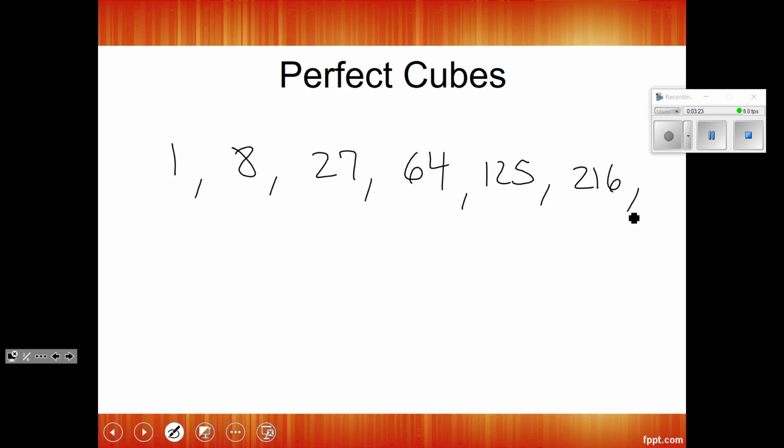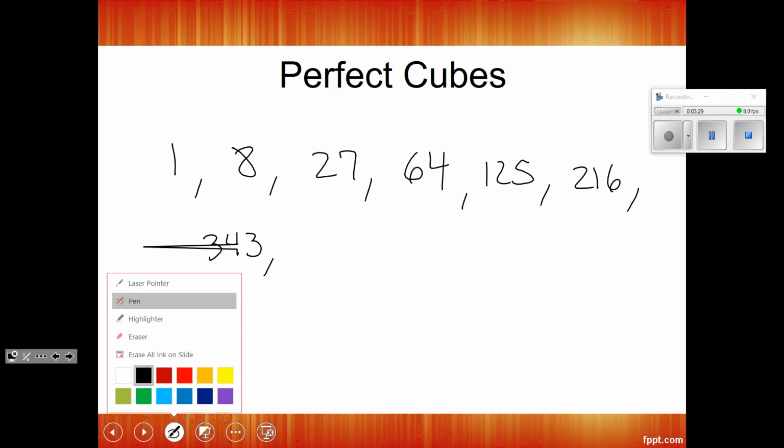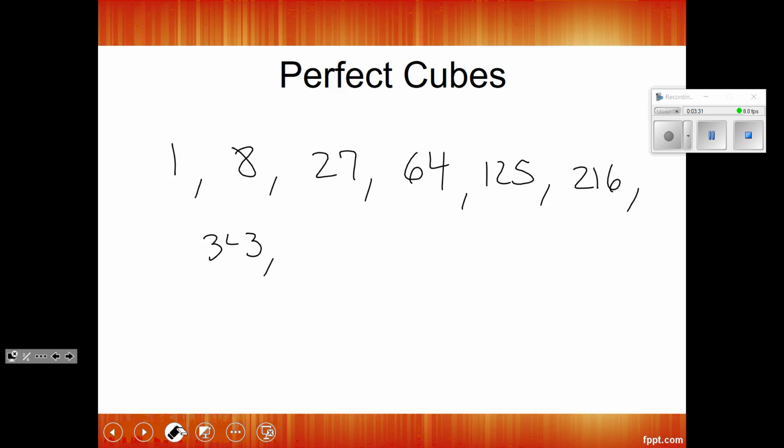216. What's 7 cubed? 343, and I need you to recognize that. If you saw the number 343, you wouldn't understand what that is. When you see 343, you need to go, oh, that's a perfect cube. That's 6, 7, 8 cubed: 512. 9 cubed: 729.